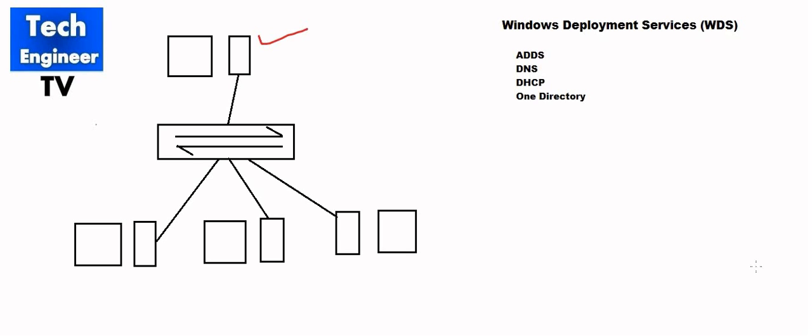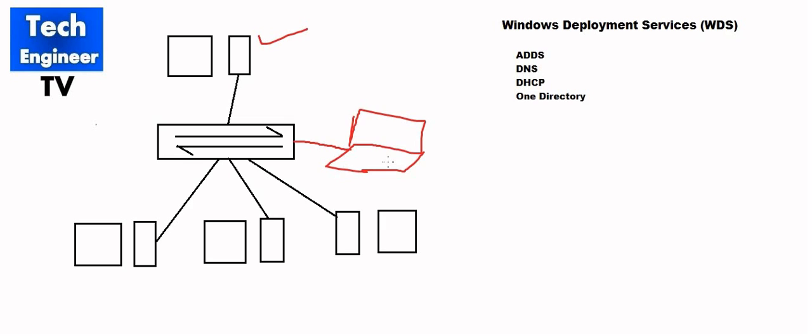So for example, a laptop user comes and wants to use a genuine copy. Then what we need is to connect with the LAN, with a switch, or whatever connection the company has, and the laptop will start booting.